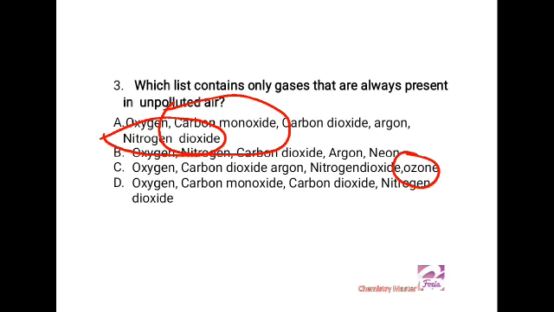Now select the right option. In which list are there only gases that are always present in unpolluted air? There is one correct answer, maybe A, B, C or D, in which all the component gases are not pollutants. So select the best answer.